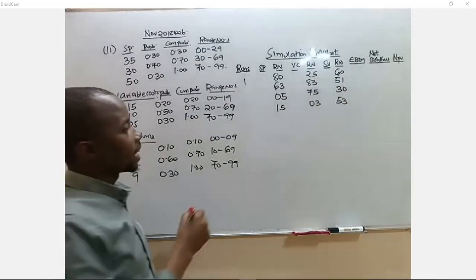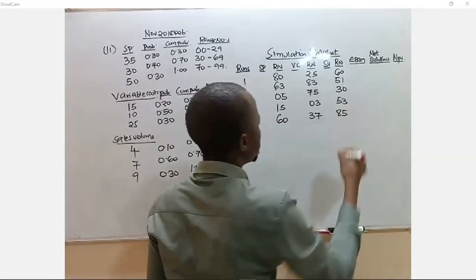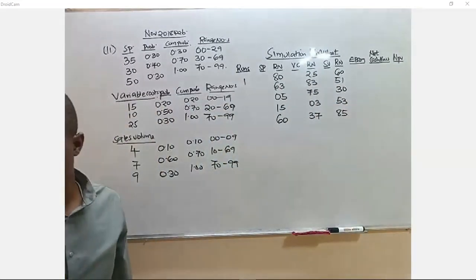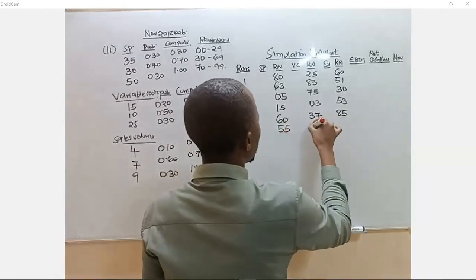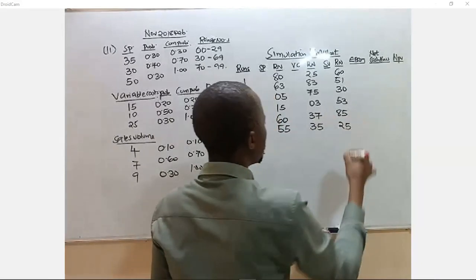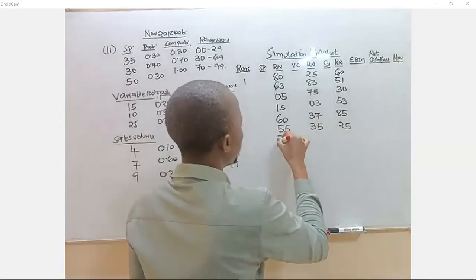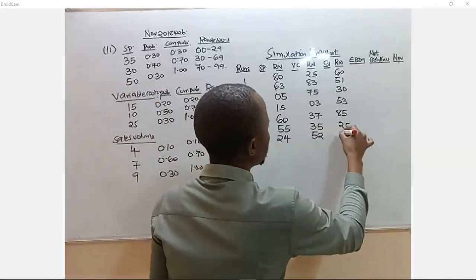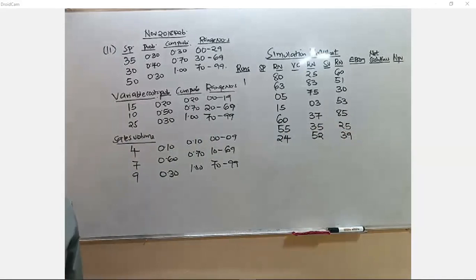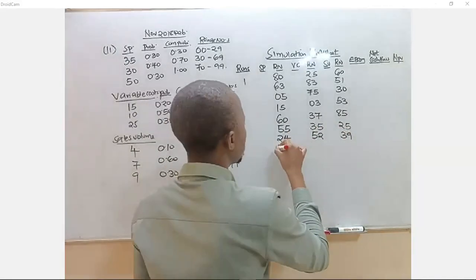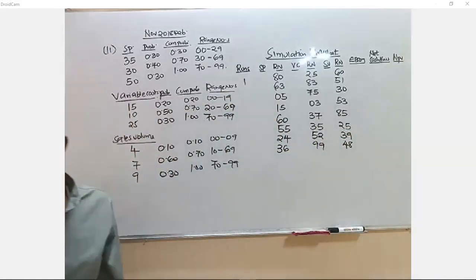Then we have 60, 37, 85. The other one will be, you can first allocate 55, 35, 25. You know, this is a struggle. Then the other one will be 24, 52, 39. The other one will be 36, 99, 48.